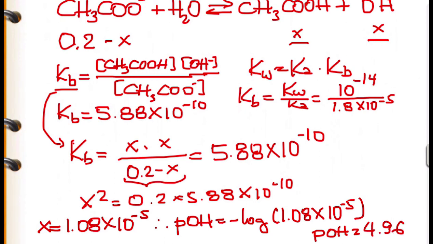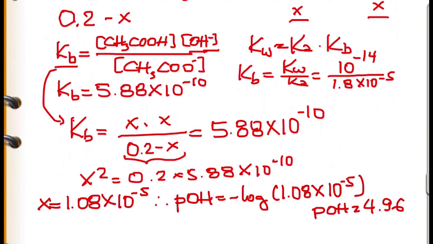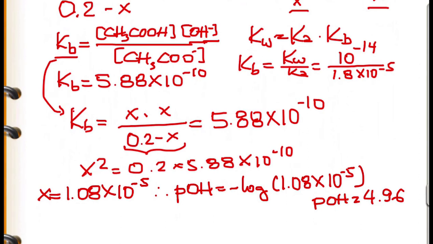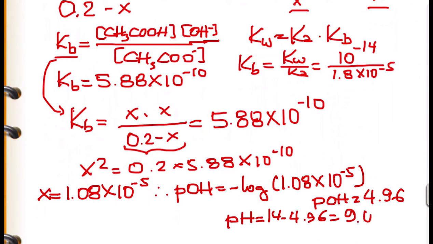But the question asks what's the pH. So now we have pH equals 14 minus 4.96, and the pH of this solution is going to be 9.04.